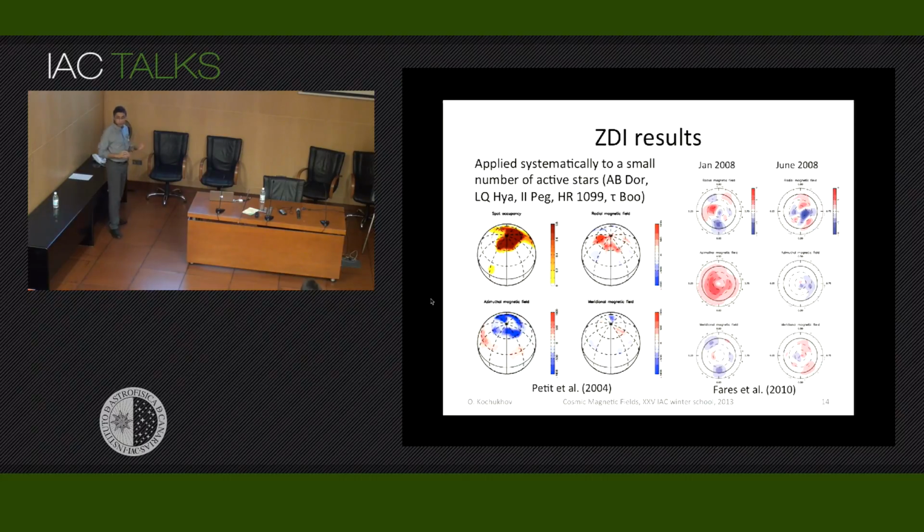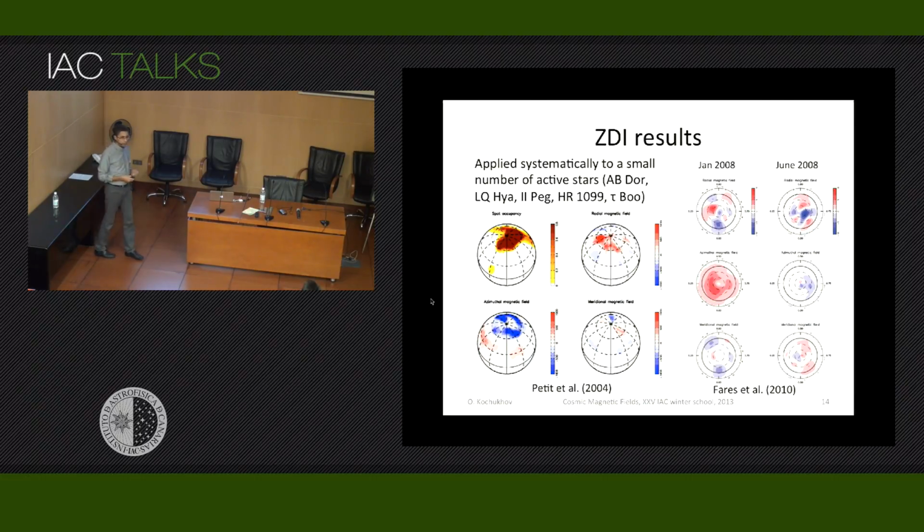So that's the strongest field that one can expect in the most active stars with parameters not very far from the sun, 1 kilogauss. So what one can say is that there is no clear correlation, first of all, between these dark regions where presumably cool spots are and magnetic features. Well, maybe there is some, but not one-to-one.